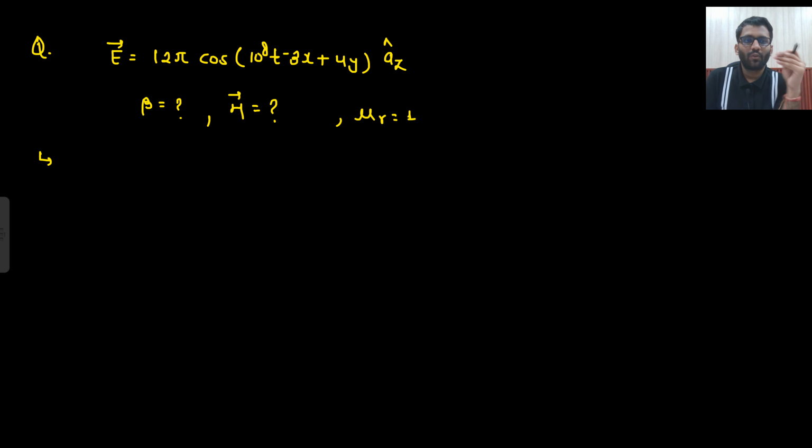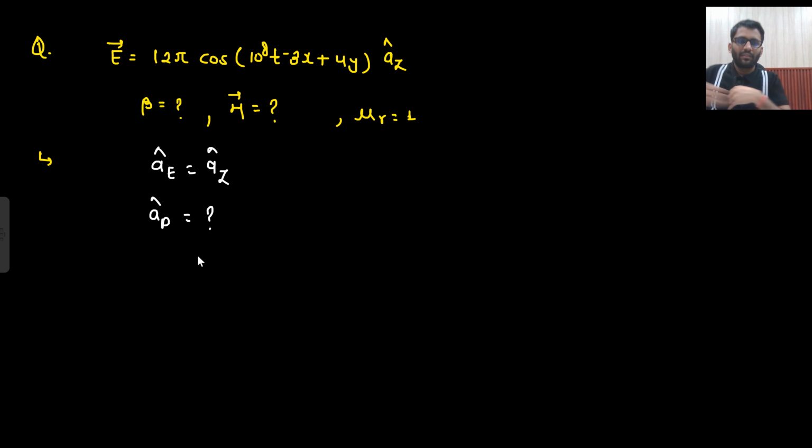Tell me the direction of wave propagation. What is the direction of the electric field? Az cap. What is the direction of wave propagation? The phase is omega t minus beta something, here 10 to the power 8 t minus 3x minus 4y.